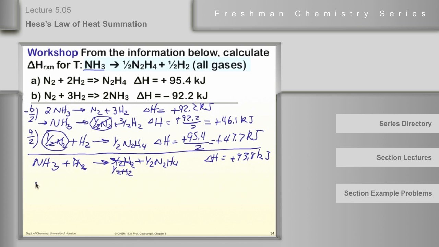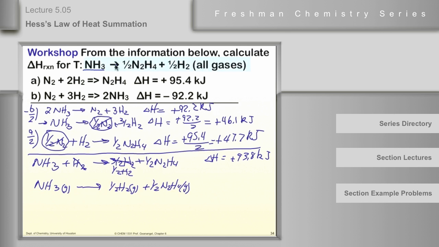So let's rewrite it down here. NH3 gas goes to 1/2 H2 gas plus 1/2 hydrazine, N2H4 gas. Okay, and look at that, a miracle's happened.